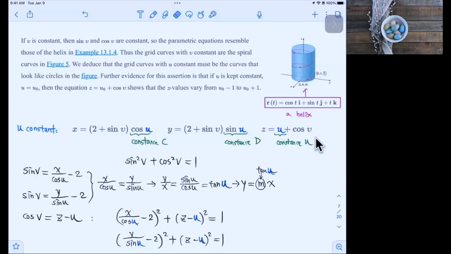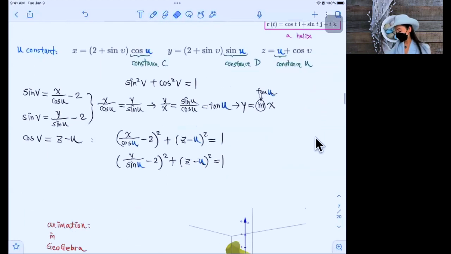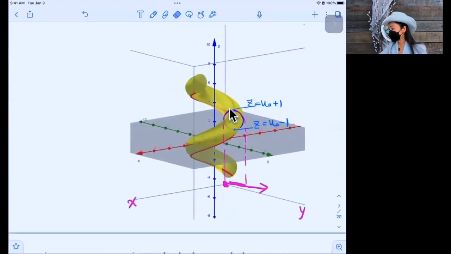So Z is going to be between U naught minus 1 and U naught plus 1. So that will be the top and bottom of this circle right here. So that's a grip curve.